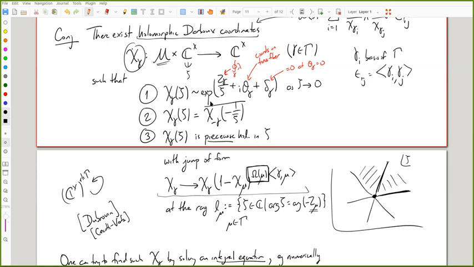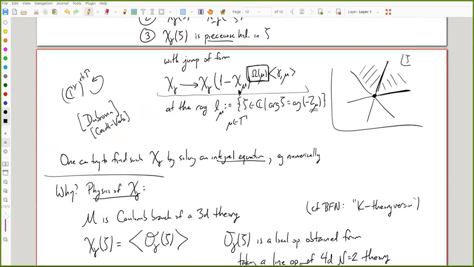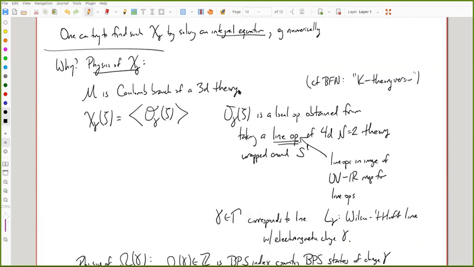If I can ask a question, you said that we should be able to see the X gammas as the expectation values of line operators. Yes. Why do we expect the expectation values of line operators to jump as you rotate zeta? Right. So this is the tricky thing. When I say a line operator, there's two different things that I could have meant.